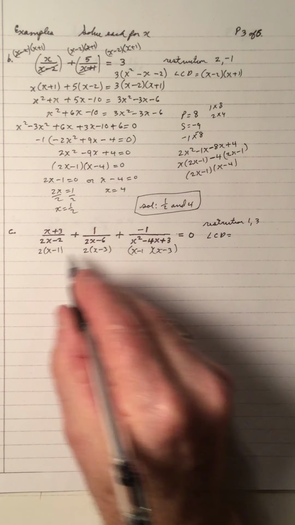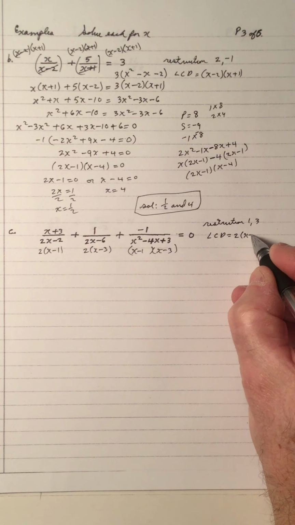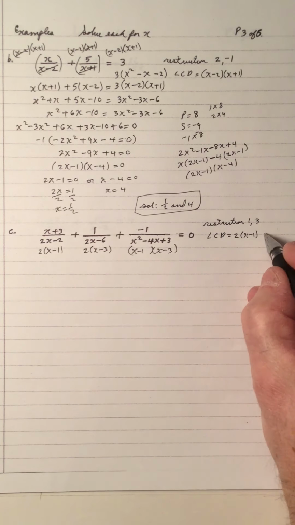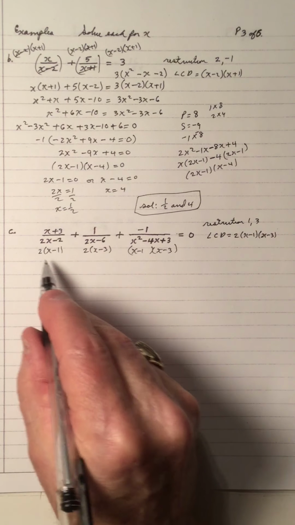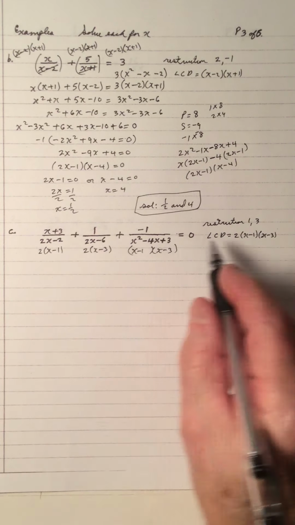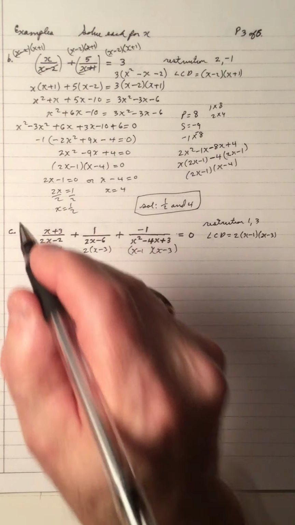We got to have a 2 and an x minus 1. And we got to have an x minus 3. So all of these, 2 and x minus 1 is right here. 2 and x minus 3 is here. X minus 1, x minus 3 is right there. So that's the LCD.